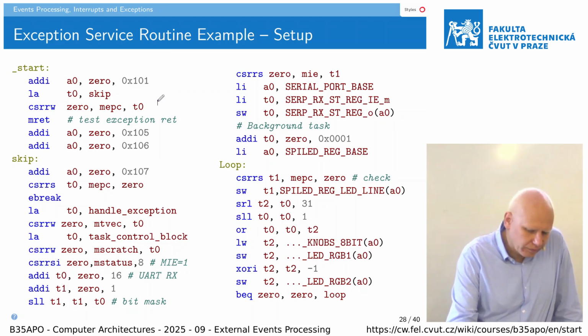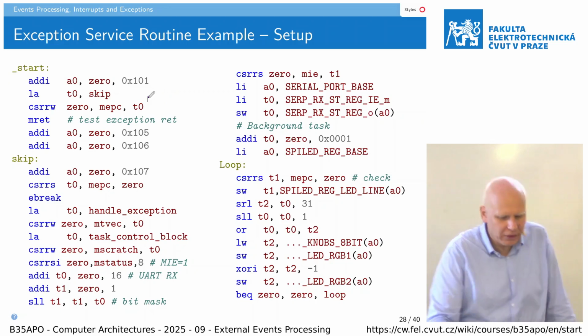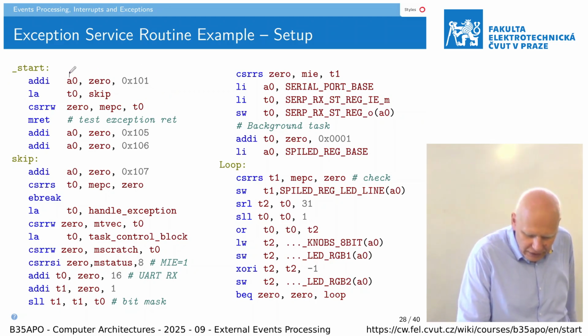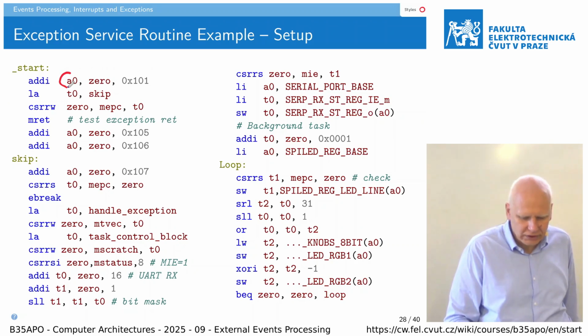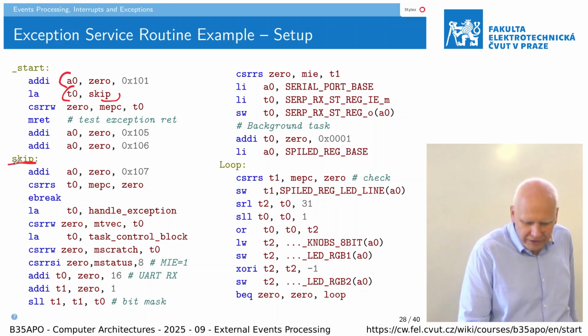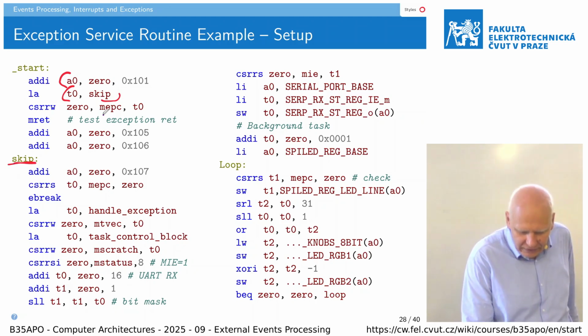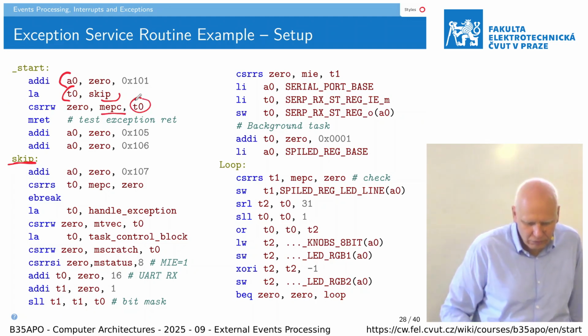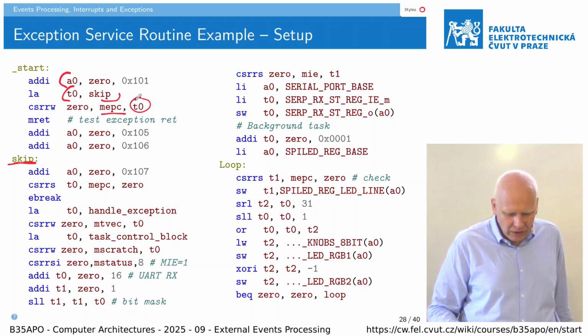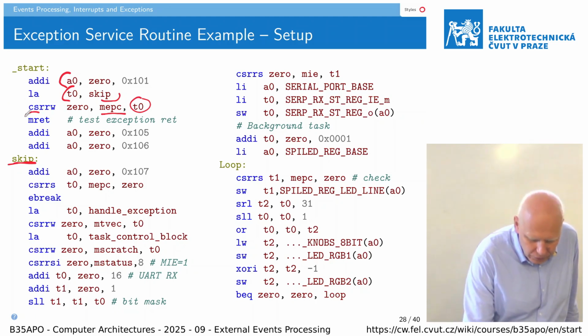This is not okay on real hardware. It is to test the simulator and how it works. In this case, we set register A0 to 0, register T0 to the skip location. We set the EPC to this T0, and then we execute the MRET.